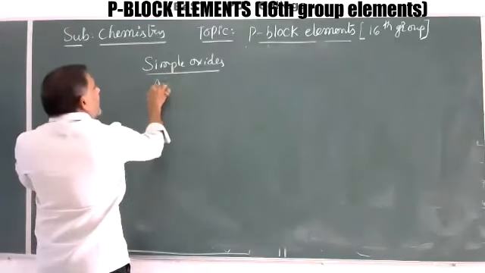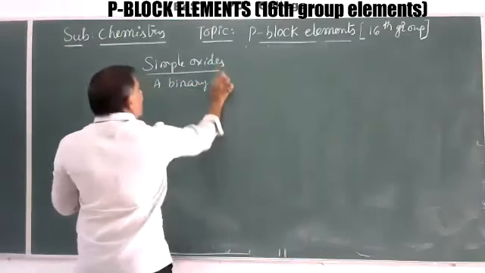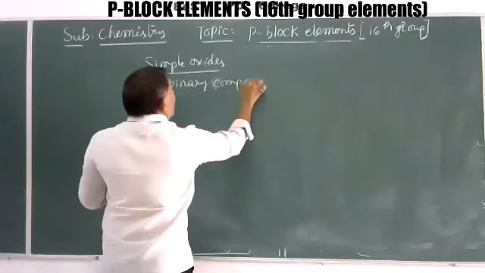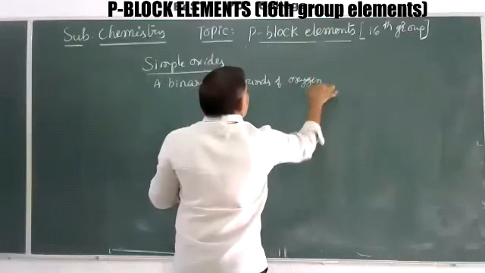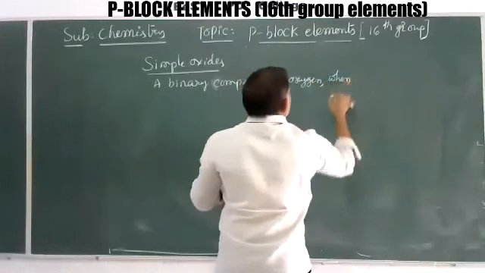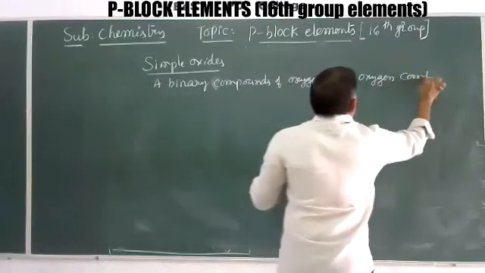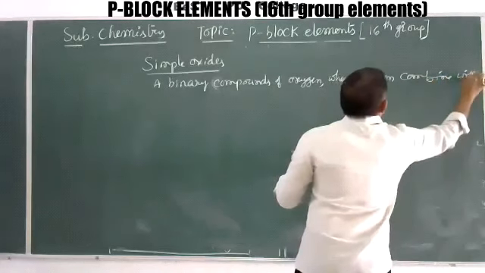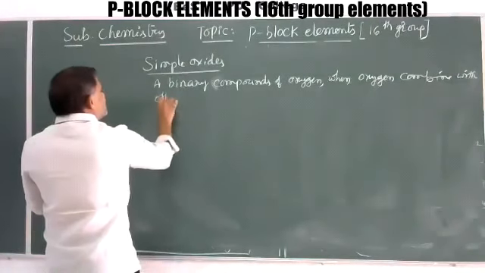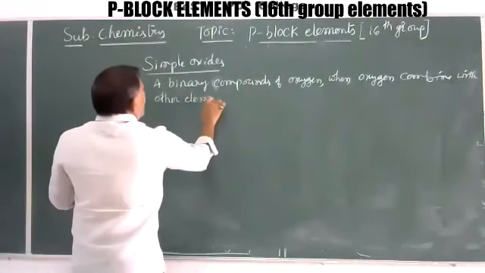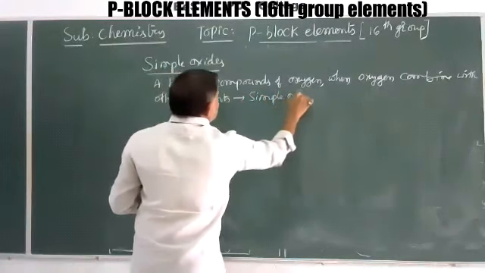Generally, binary compounds of oxygen, when oxygen is combined with other elements, are called simple oxides.